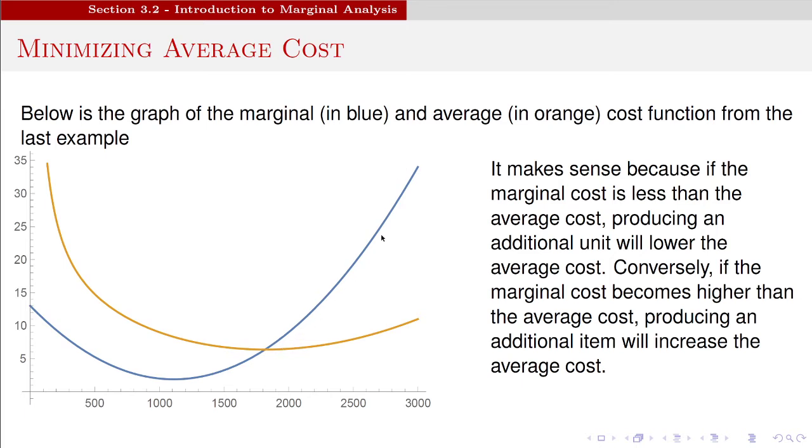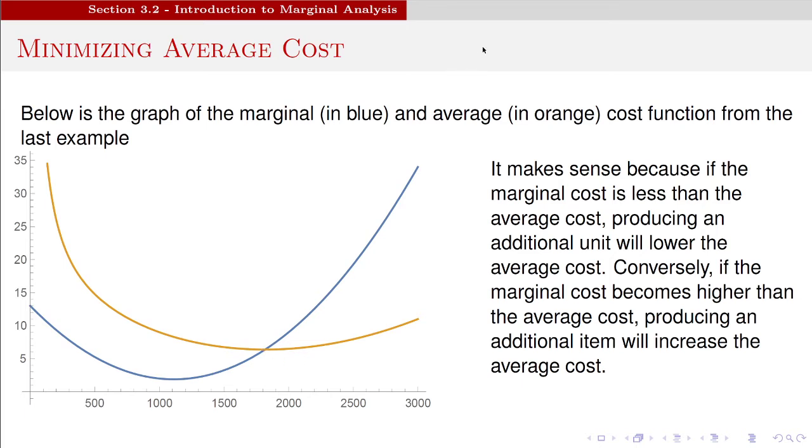And if the cost of producing the next item is higher than the average cost, then we see the average cost starts going back up. So this sweet spot right here, where the average cost is as small as possible, is really what we want to look for. All right?